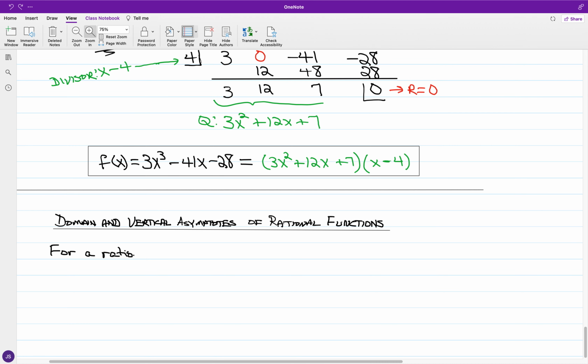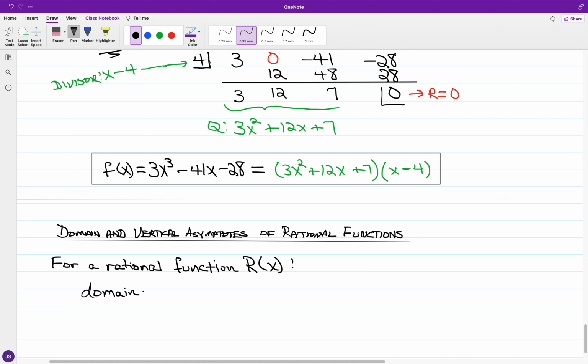The rational function could be in the form of f of x over g of x, and I'm going to put this in the context of uppercase R of x.